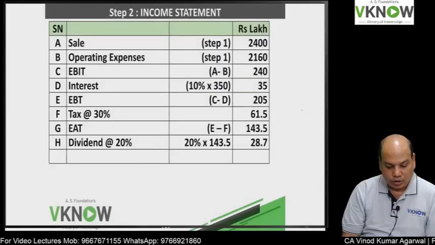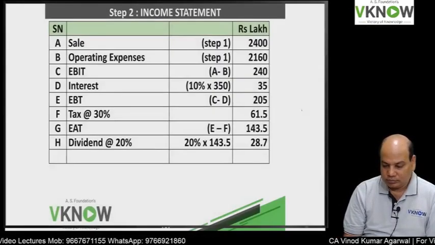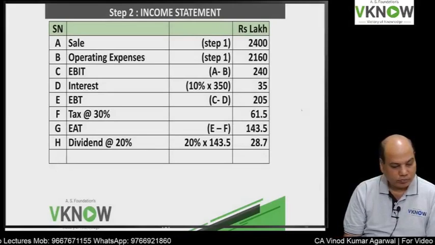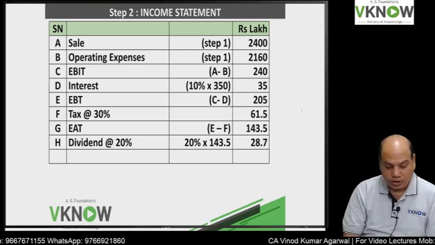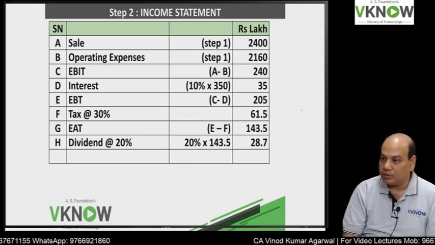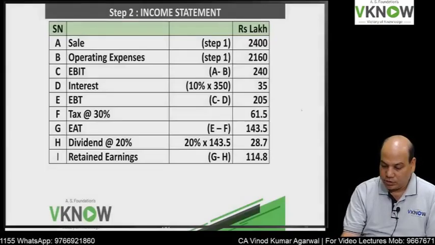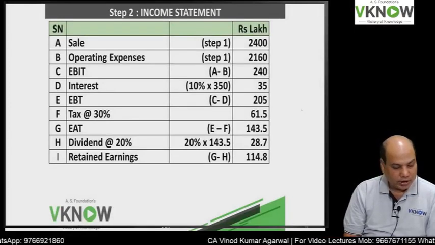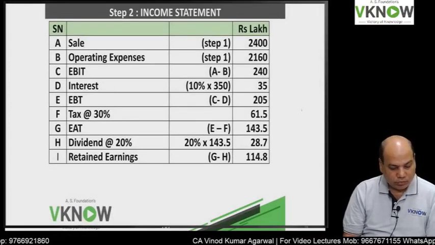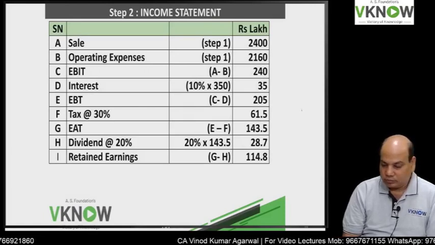Dividend at the rate of 20%, that is 20% of earning, 20% of 143.5, which is 28.7. And point number I, retained earning. So how much is the retention?